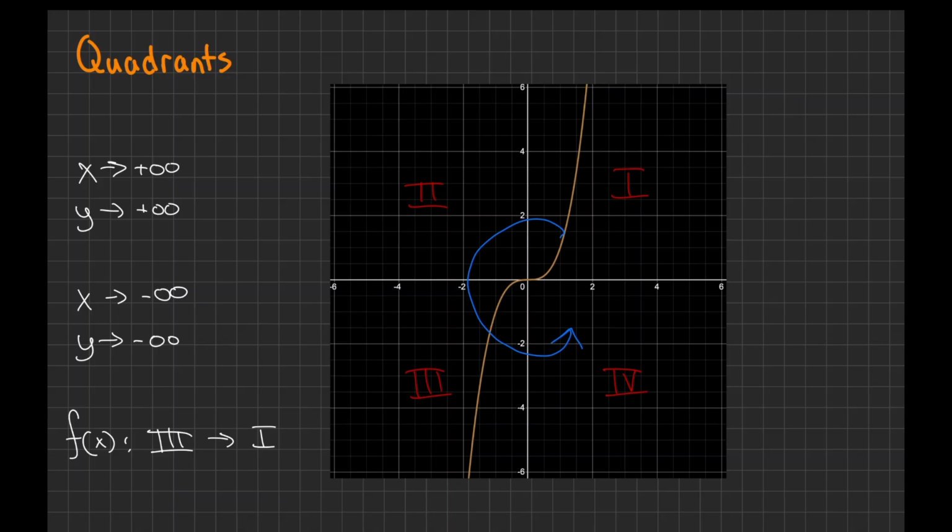Because we can see when x is positive and y is positive, we are up here in quadrant 1. But when x is negative and y is negative, we are down here in quadrant 3. And the function goes all the way up here and then all the way up into quadrant 1. And so that's why we can say that it goes from quadrant 3 to quadrant 1.